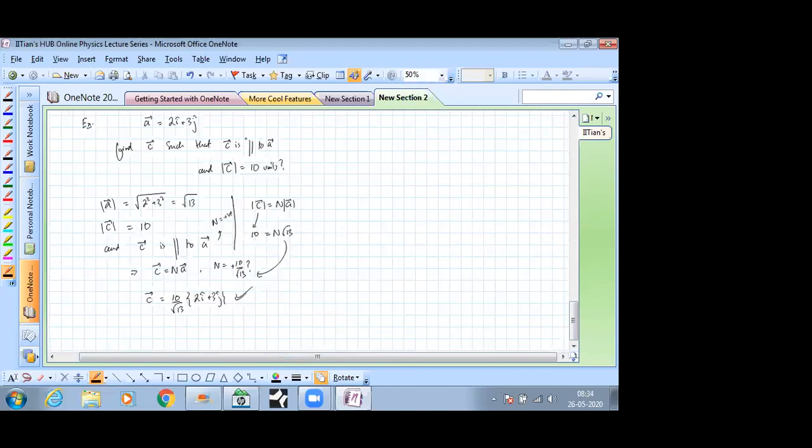Now you can see, given this vector A, I found a new vector C which is parallel to A, but it has a magnitude of 10. If you do the calculation and check mod C, it will come out to be 10. But also you will see that C is a positive number times A. It is 10 by root 13 times A, which means that it is parallel to the vector.